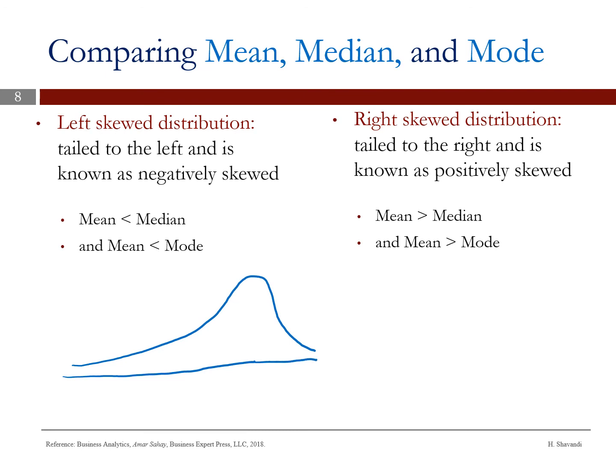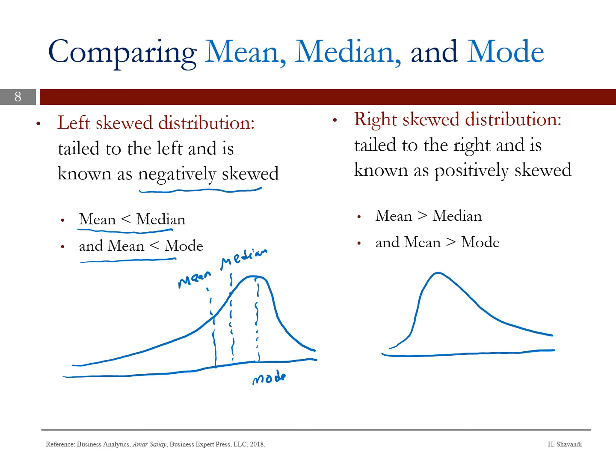Okay, you see here, it's tailed to the left, and we also call this negatively skewed. So in this case, let's say here is the mode, and the median would be somewhere around here, and the mean would be somewhere here. As you see here, the mean is less than the median, and also the mean is less than the mode.